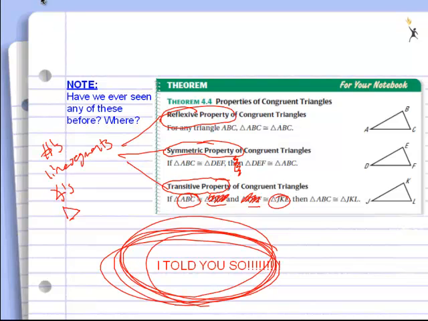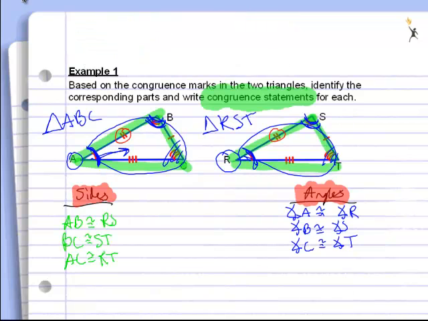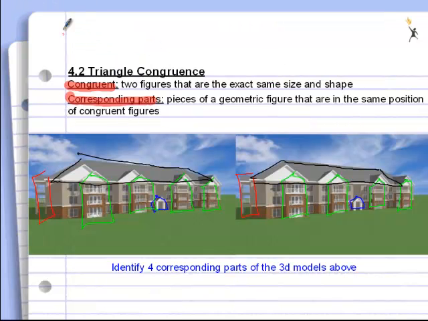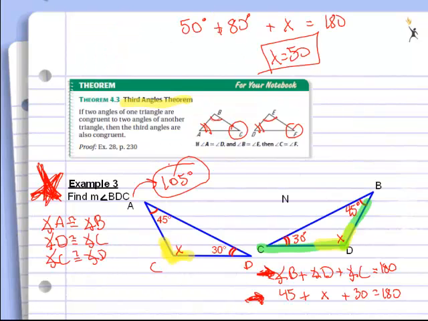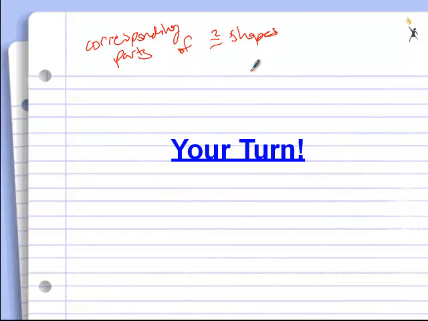All right, let's do a quick review of what we learned so far in Section 2 of Chapter 4. The first thing we talked about was congruency parts, or corresponding parts of congruent shapes. That's the first thing that we talked about.